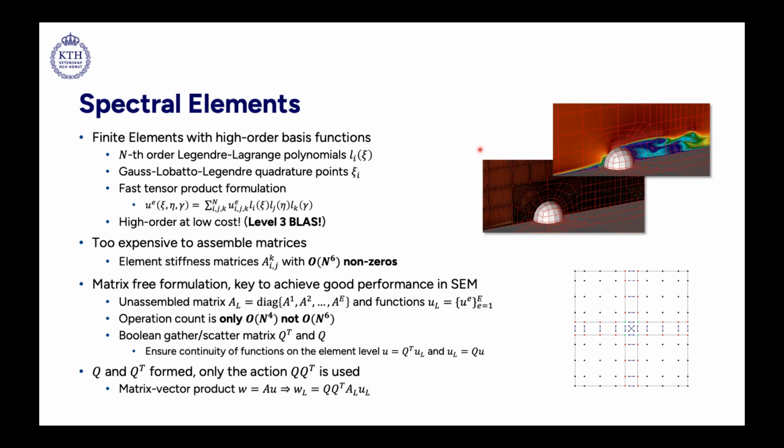To make it scalable, you have to realize that it's too expensive to assemble your sparse matrices. So everything is done matrix free. And then you need to pay a lot of attention to tuning certain communication kernels between the elements, which is referred to as scatter. So the two key points to make spectral elements efficient: you need to have the tensor product operations fast, and secondly, you need to do the scatter operation between the elements fast as well.